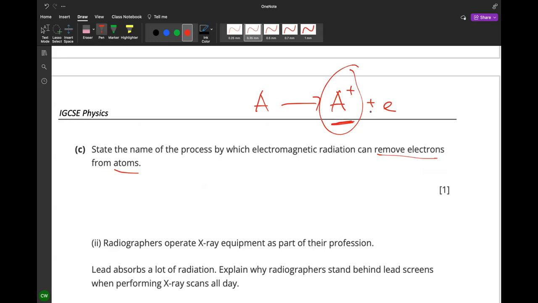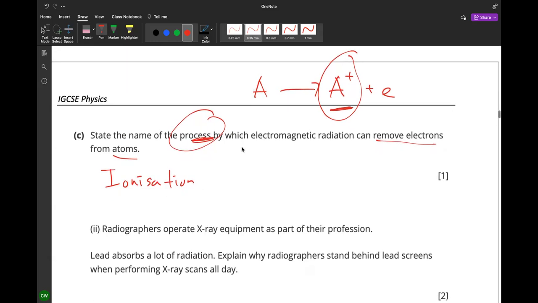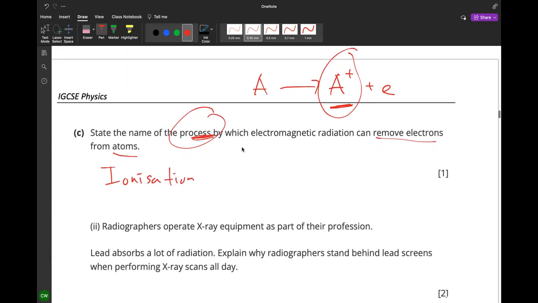Ionization. Ionization is a process that makes something become ionized. Removing the electron, something becomes ionized. It loses electron and becomes a positive ion.